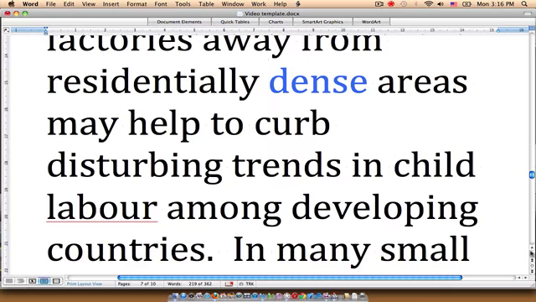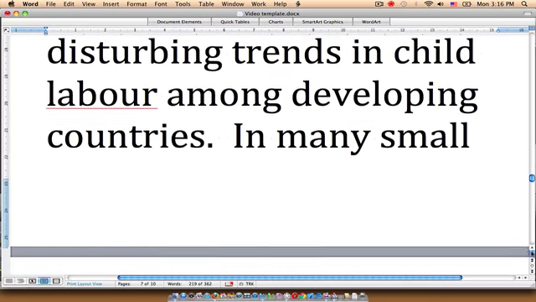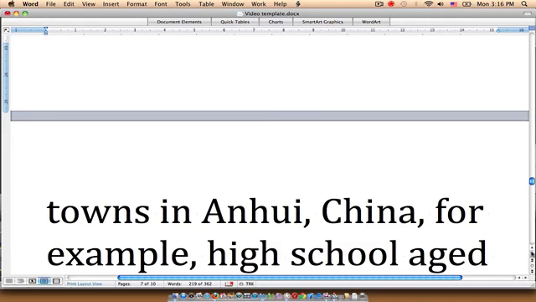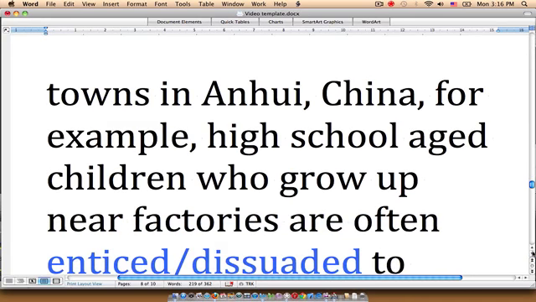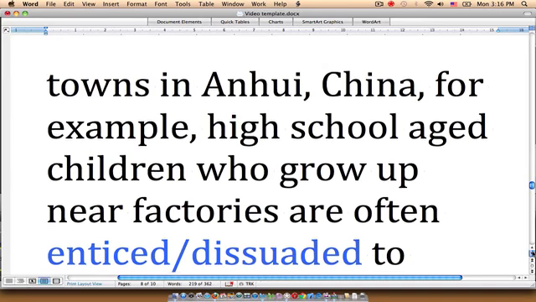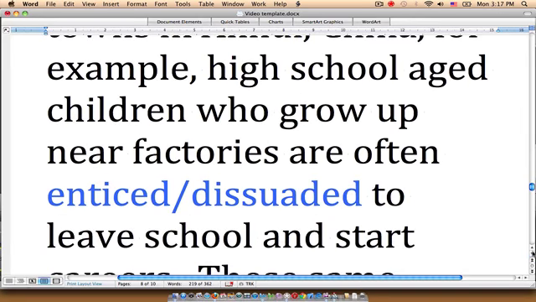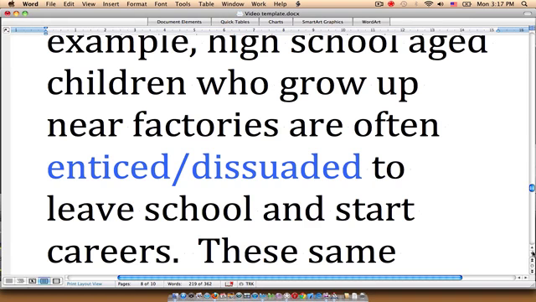In many small towns in Anhui, China, for example, high school aged children who grow up near factories are often enticed to leave school and start careers. Or high school aged children who grow up near factories are often dissuaded to leave school and start careers.